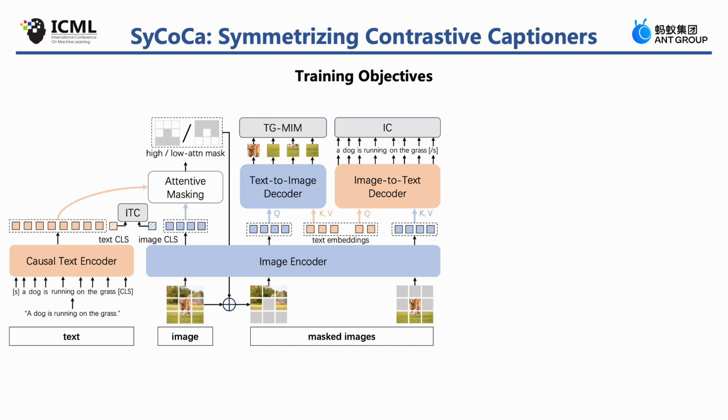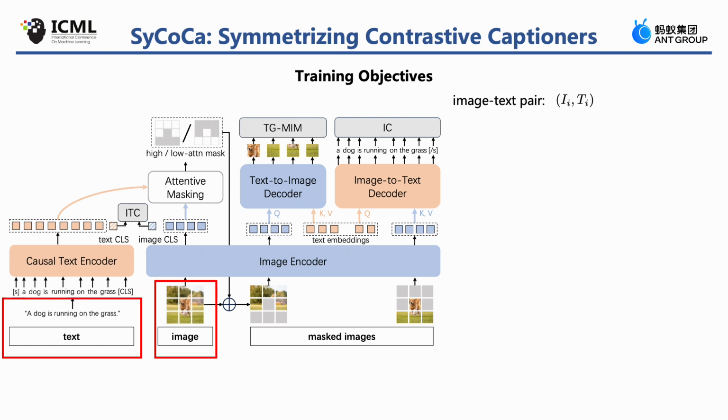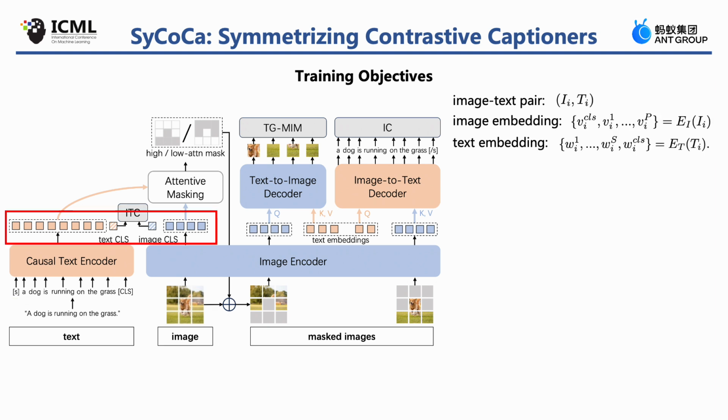The introduction of the training objectives of SyCoCa starts from an image-text pair dataset consisting of pairs of image and text. The image encoder and text encoder are responsible for encoding the image and text respectively and yielding the embeddings.